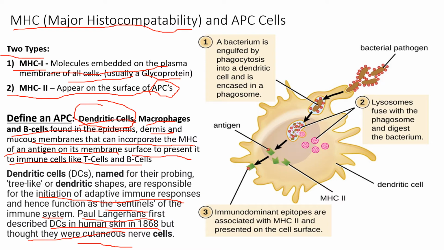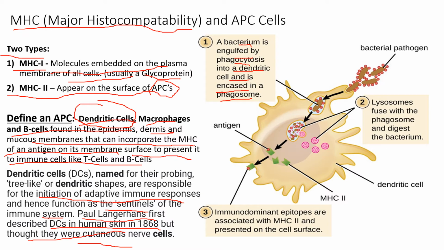So here, a bacterium is engulfed by phagocytosis into a dendritic cell and encased as a phagosome. So here's the bacteria. It has specific proteins on it that identified this guy as a bad guy. As soon as he realized he was a bad guy, he engulfed it through phagocytosis.